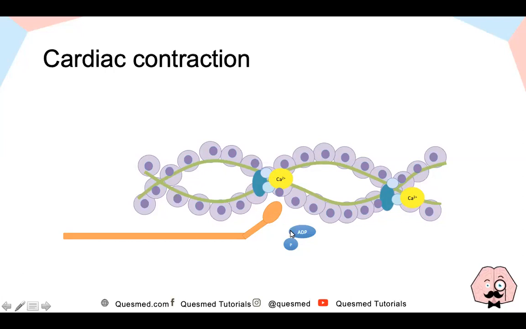At this point, the ADP and phosphate are released from the myosin head, and the myosin binds to the myosin binding site on the actin.